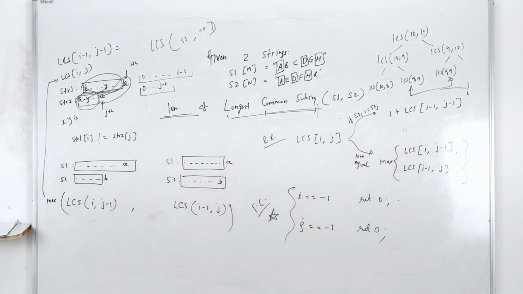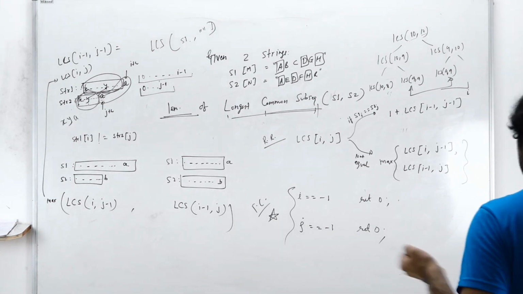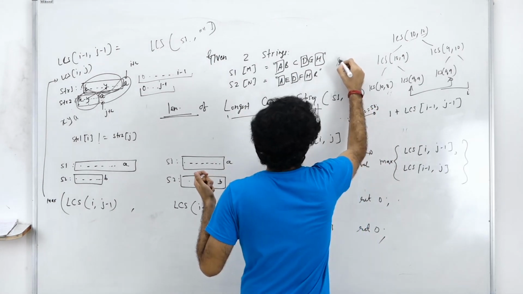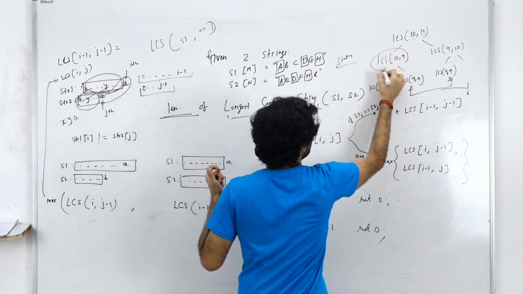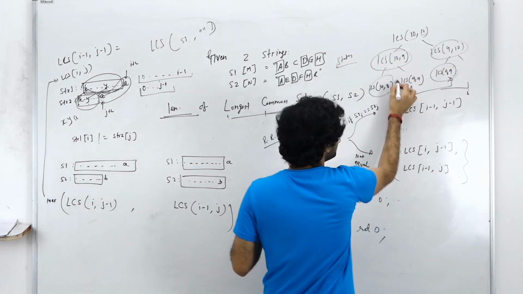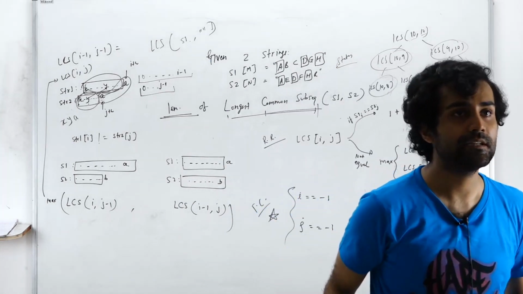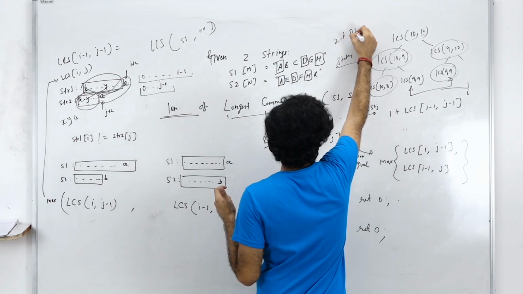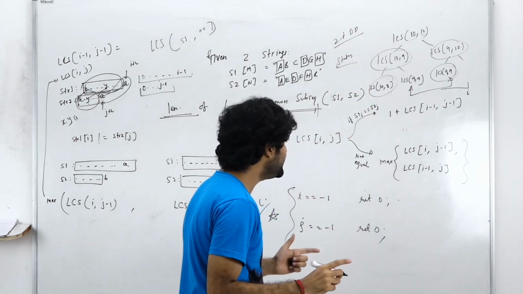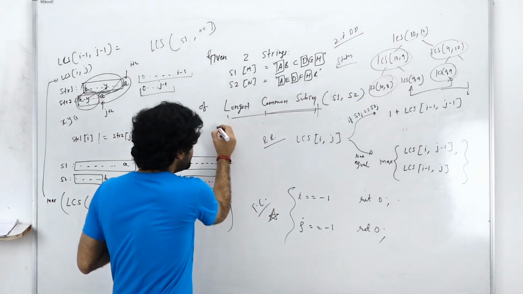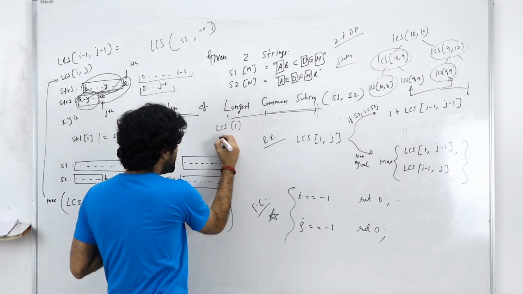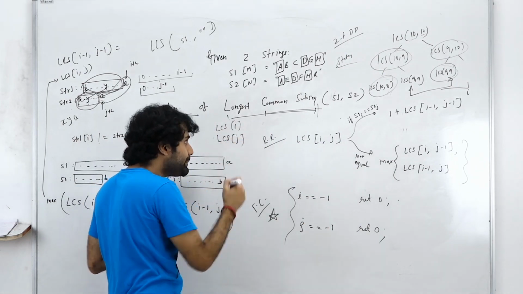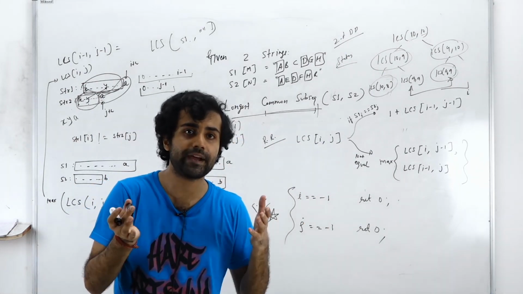And here when I am trying to memoize, how many states are there of a particular problem? Can somebody tell me how many states are there? There are 2 states. So this is a 2-dimensional DP, a 2-state DP, because simply LCS of i or LCS of j does not make sense, because LCS is not defined for one string.